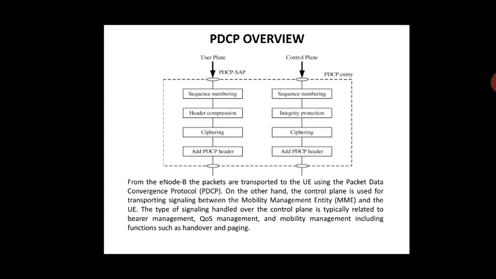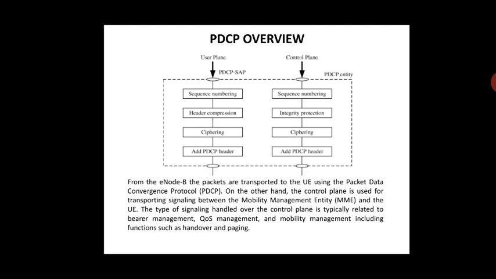That is done by encapsulating the IP packets in an evolved packet core, that is EPC specific protocol, in which the PDN gateway to the E node B uses GPRS tunneling as a routed packet between the two layers. Therefore, from the E node B, the packets are transported to the user equipment using the packet data convergence protocol. We call it PDCP.